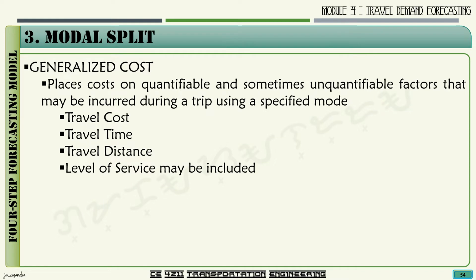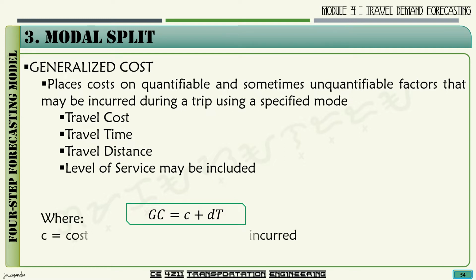This may also include the level of service that is experienced by the trip goer. The generalized cost used for our modal split is computed as C plus DT, wherein C is our cost, D is the time value, and T is the time incurred.